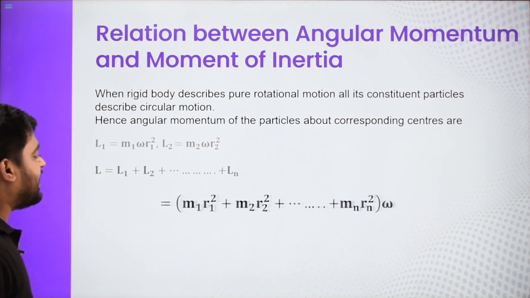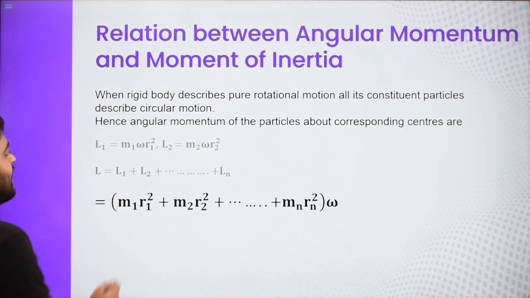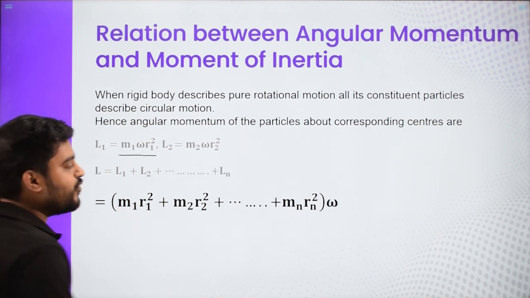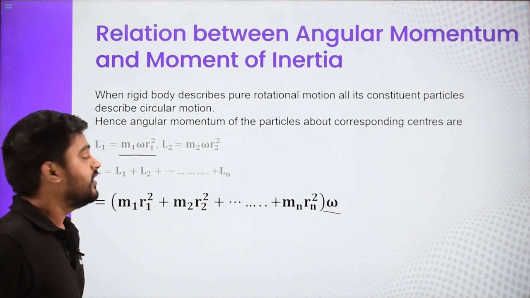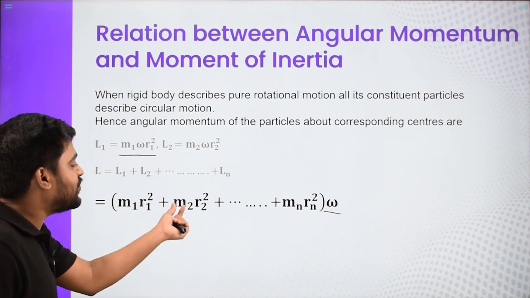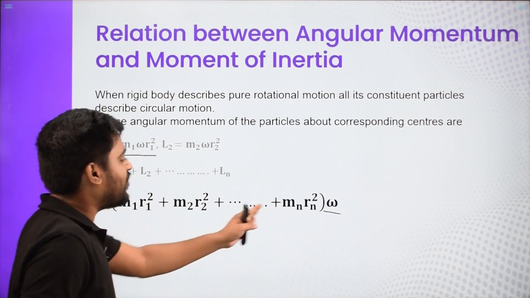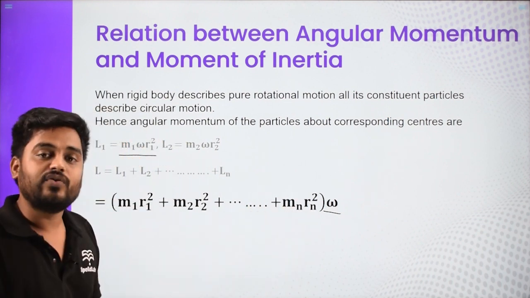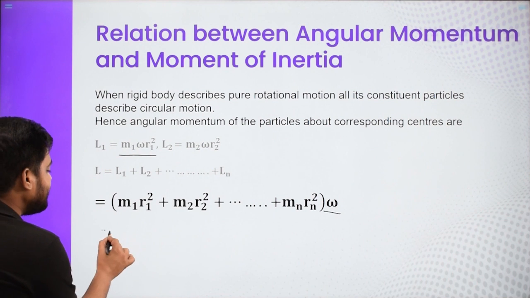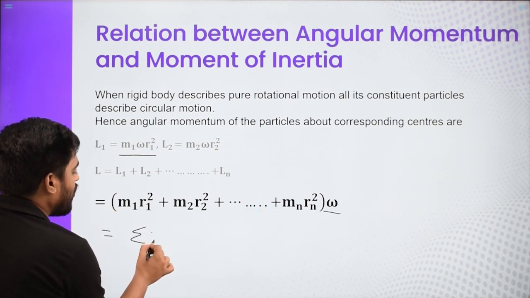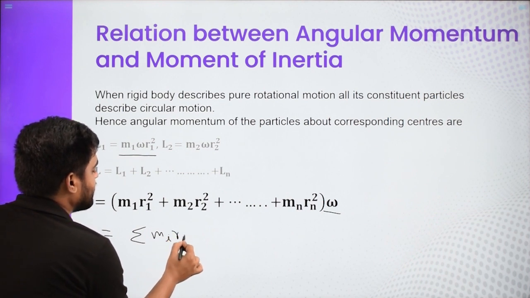L1 was m1 omega r1 square, L2 is m2 omega r2 square, again omega is outside, and like that for all particles, so we can take omega common. And what is there in the bracket? That is the summation of all m i r i square.